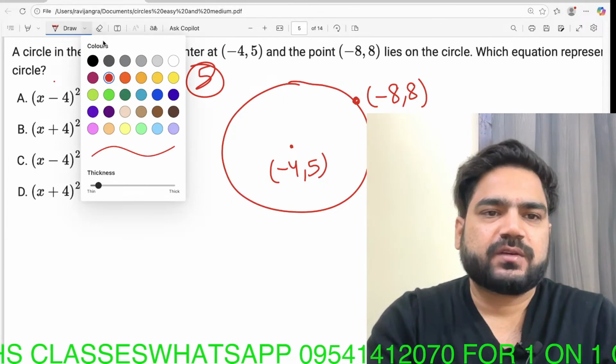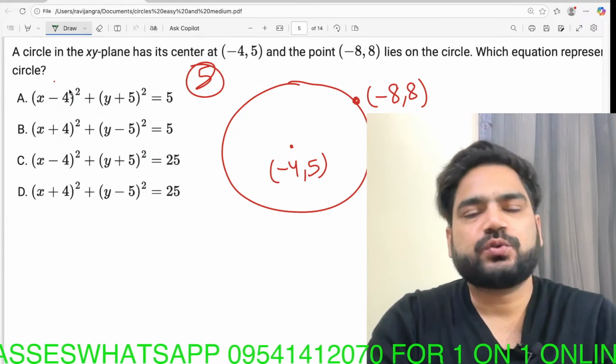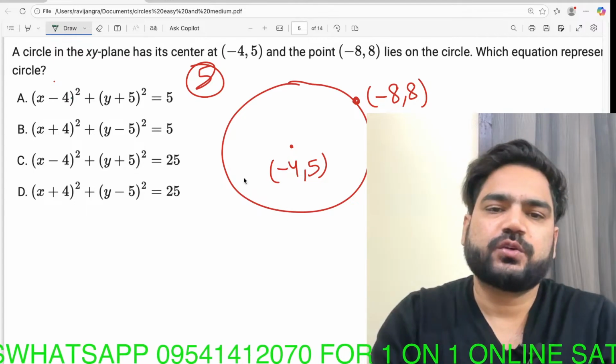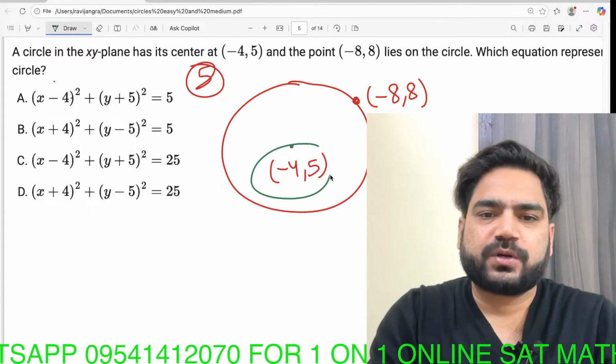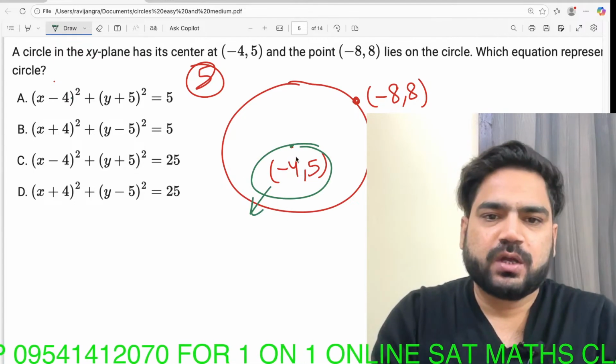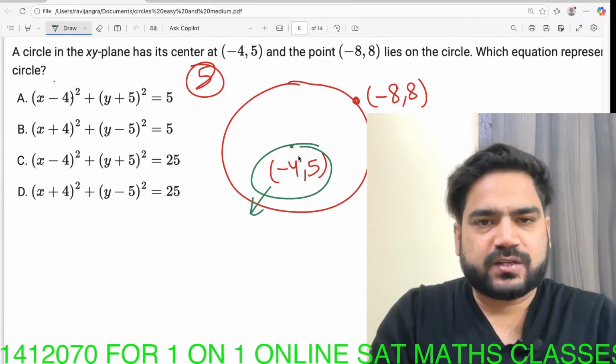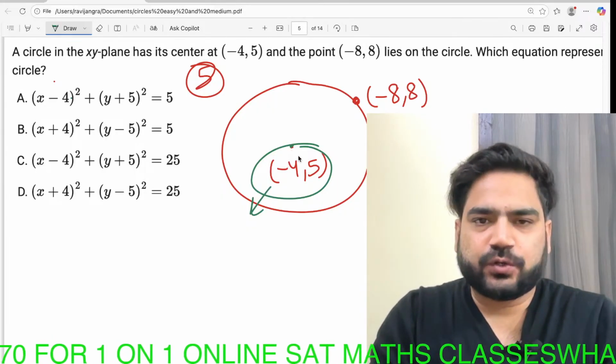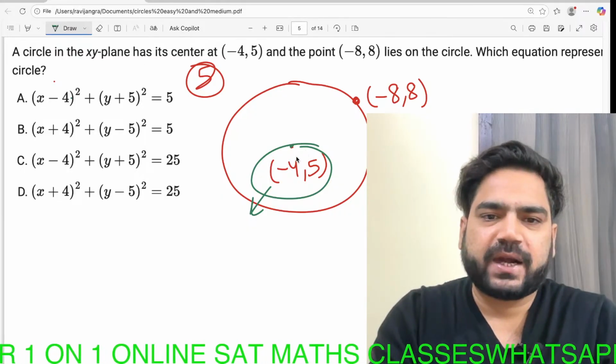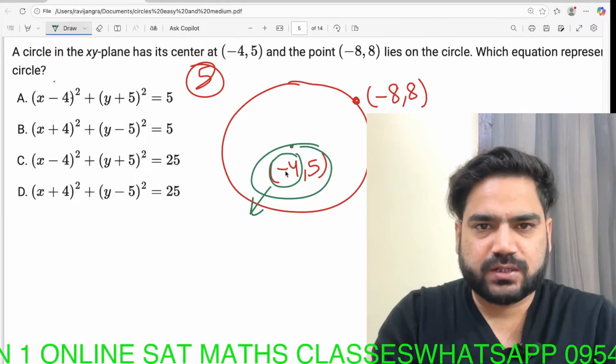Whenever the center of a circle is given and you need to write its equation, look at the center point, (-4, 5). The x coordinate is -4 and the y coordinate is 5, so you subtract the x coordinate from x.